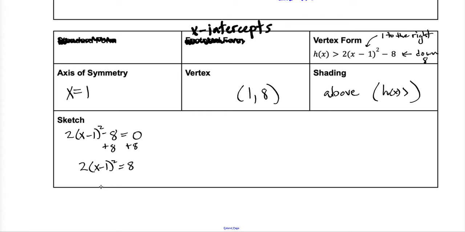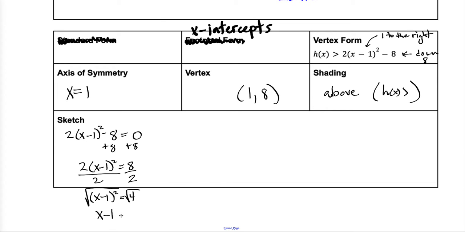Then the next thing I would cancel off is the 2 in the front, because that's easy to cancel from the whole thing. So I would divide by 2. Then take the square root at this stage, because that'll cancel the squared. You just keep doing the opposite to cancel things out.